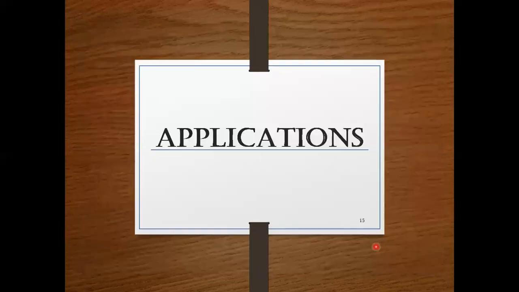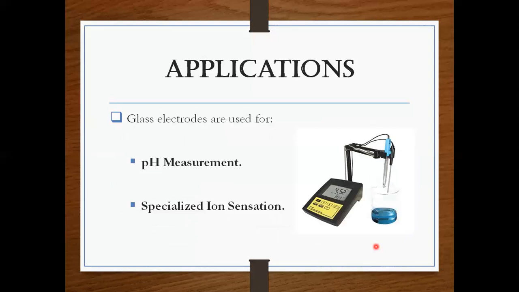So moving towards the applications of the glass pH electrodes, before I start describing the applications, I would like to tell you that all the applications of the glass pH electrode, excluding the pH measurement, are based on the construction or the material of the glass electrode, either the glass membrane or the glass tube.